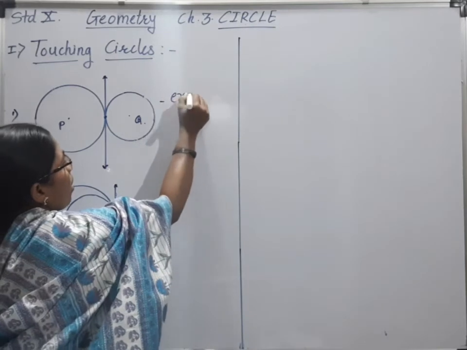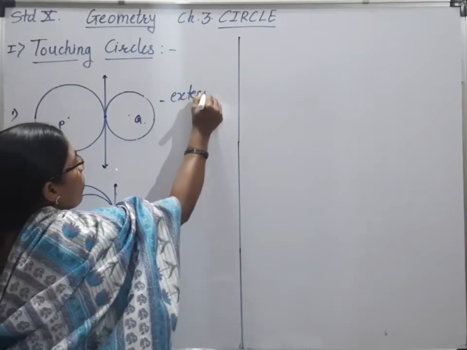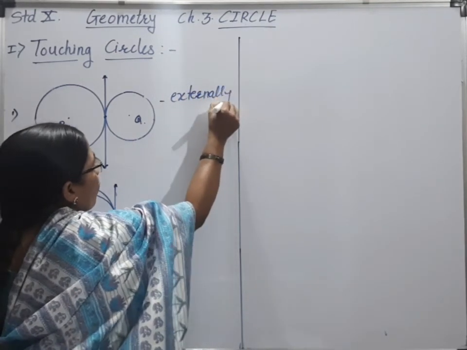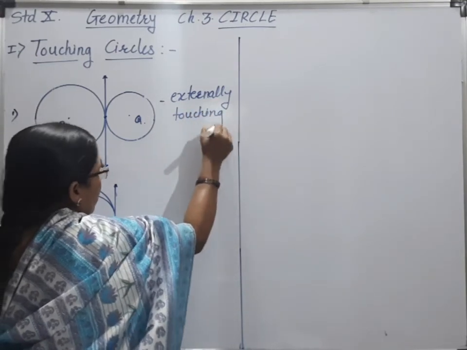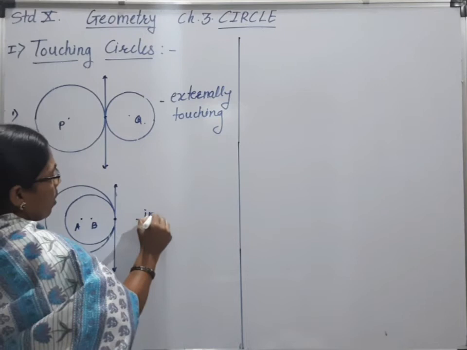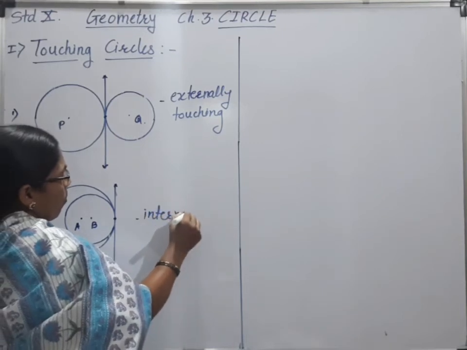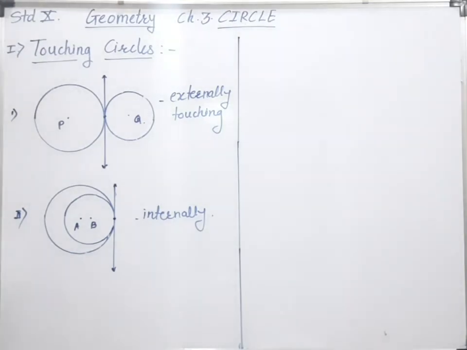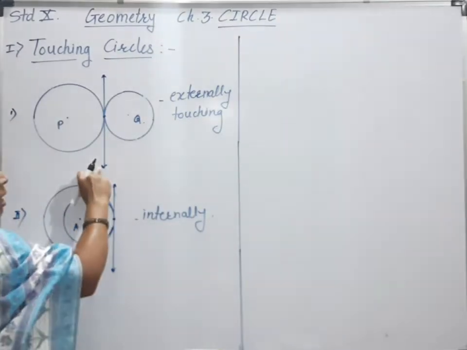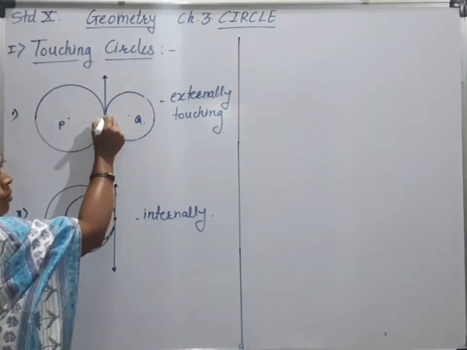These are externally touching, and here these are internally touching. And the line is here. This point is called the point of contact.